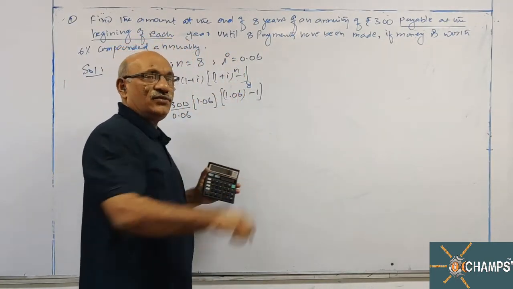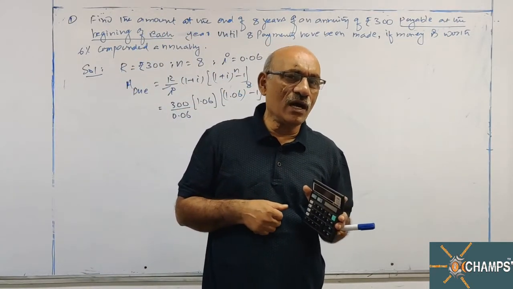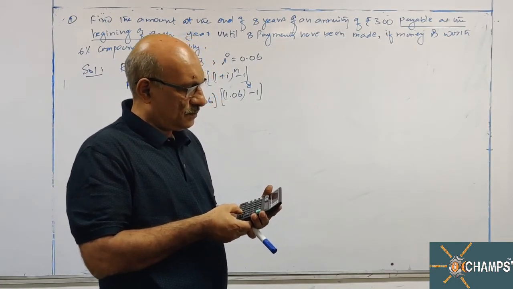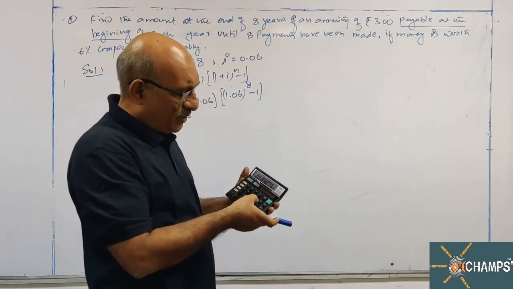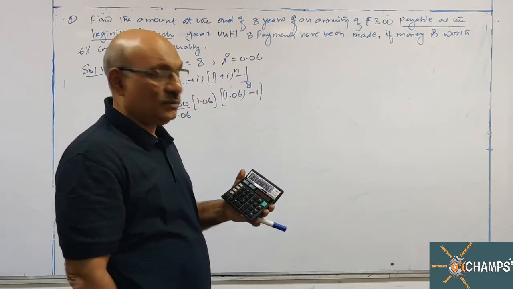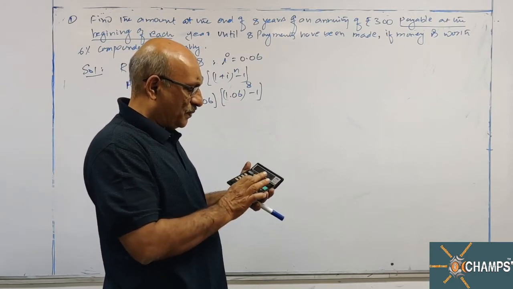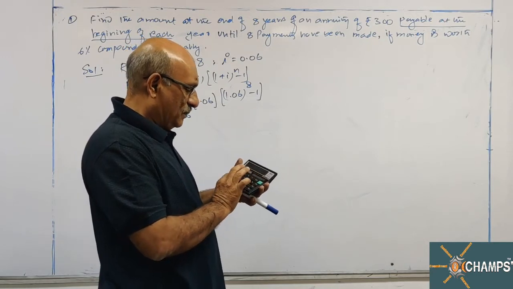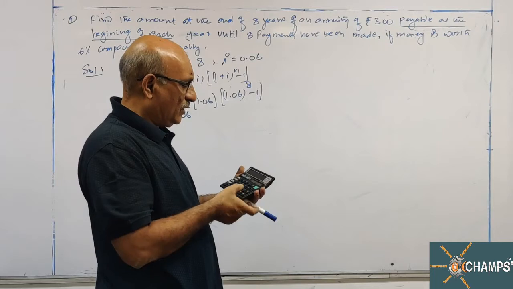Here power is to be raised to 8. Now this is simplified. From this 1 should be subtracted, minus 1 is equal to, and it is multiplied with 1.06 is equal to, into 300 is equal to, divided by 0.06 is equal to.